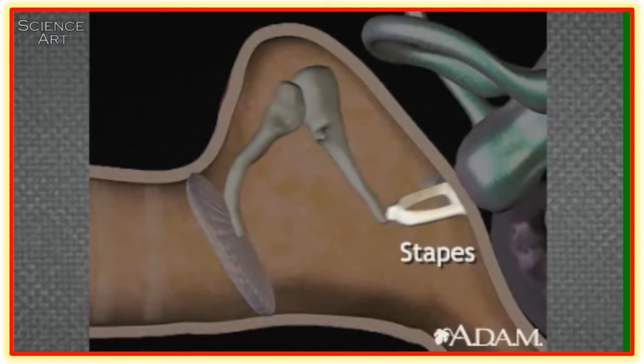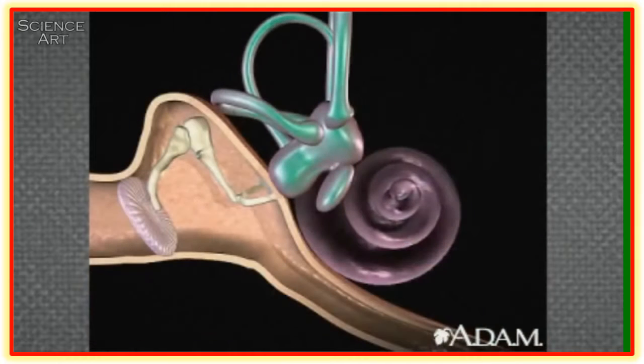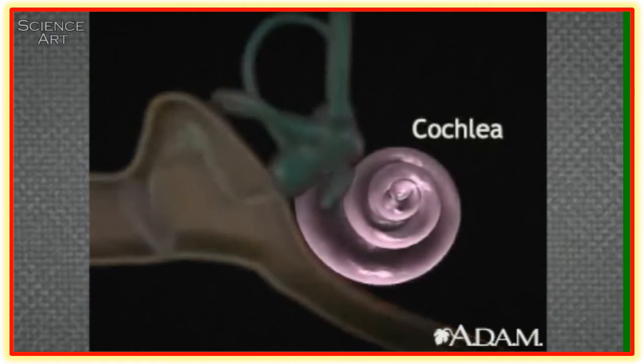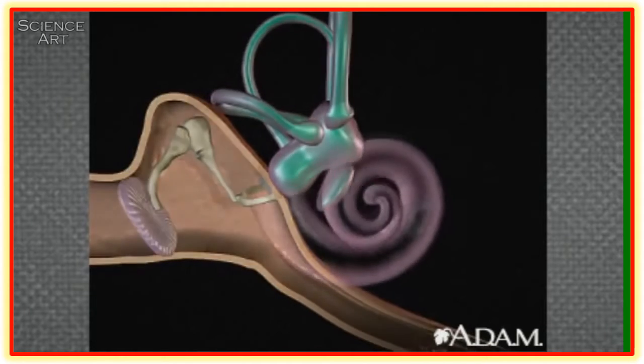As the stapes moves, it pushes a structure called the oval window in and out. This action is passed on to the cochlea, which is a fluid-filled snail-like structure that contains the receptor organ for hearing. Let's unwind the cochlea to get a closer look.